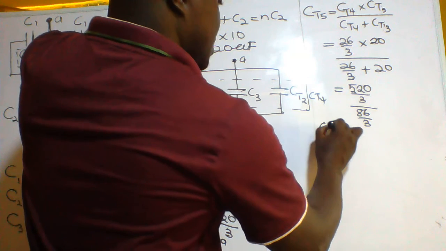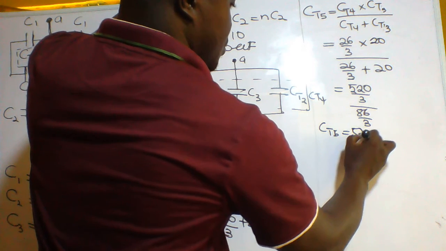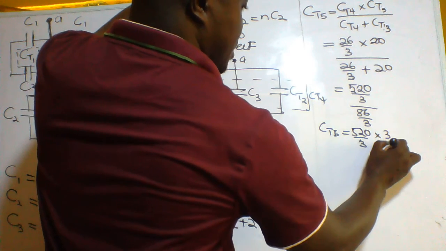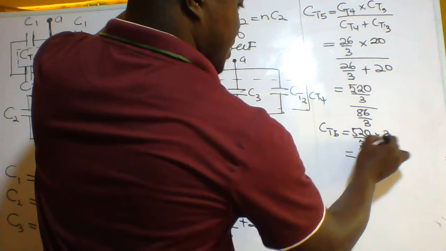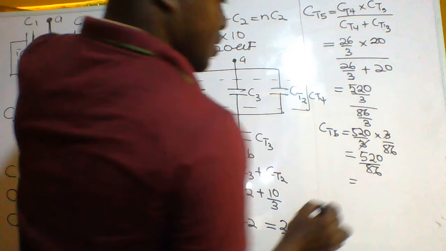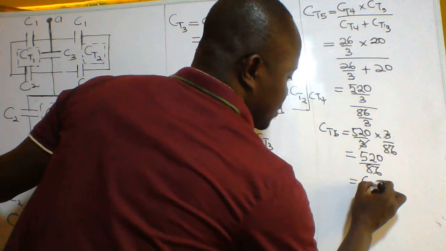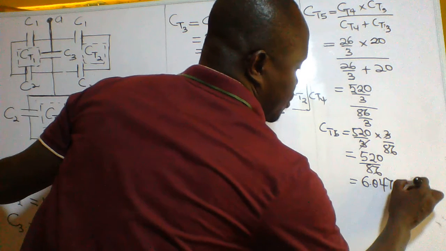So in all, CT5 is equal to 520 on 3 times 3 on 86, giving us 520 divided by 86. So we have 6.047 microfarad.